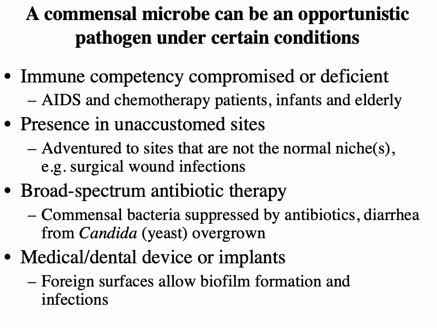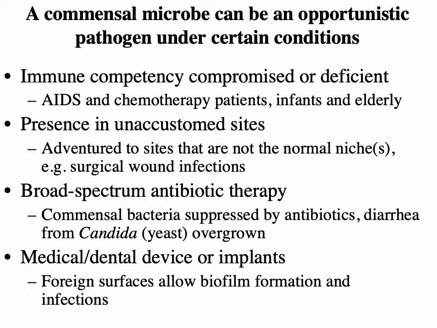Number 3, broad spectrum antibiotic therapy. This is like a person under treatment for some disease with a broad spectrum antibiotic. Broad spectrum means that the antibiotic can inhibit many bacteria, whether gram-positive or gram-negative. When a person takes an antibiotic like that, you're going to wipe out a lot of the conventional bacteria, the normal microbiota, because they will be susceptible to this antibiotic.